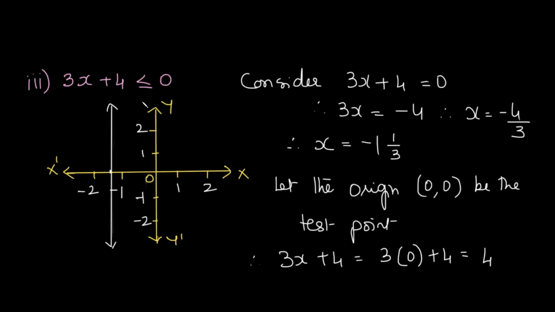And when we compare it over here, the symbol given is less than or equal to 0. Now 4 is not less than or equal to 0. That means our solution set does not lie on the origin side. Rather, it lies on the non-origin side.